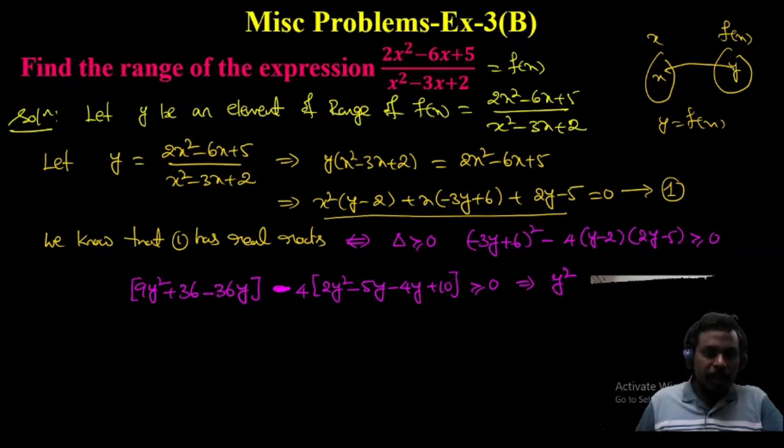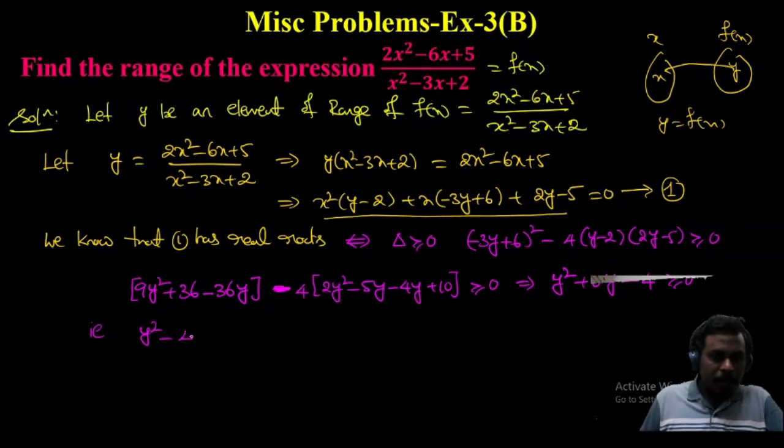Minus 36y and plus 36y gives 0 into y. Now I am left with the constant terms, 36 minus 40, so it is minus 4. That means we have arrived at y square minus 4 greater than or equal to 0.